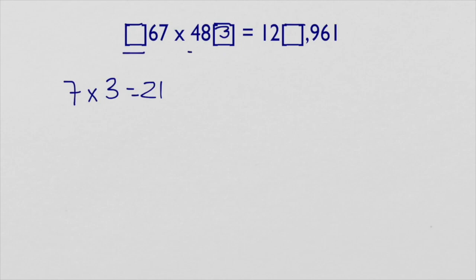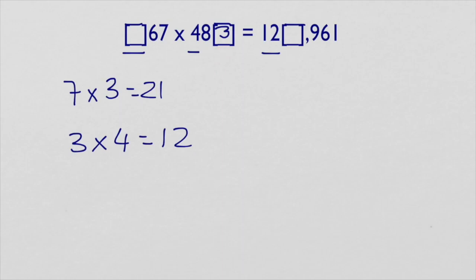Something times 4 is going to give me a number that begins with 12, because the whole number is 120 something. So I need to just think, what times 4 gives me 12? I know that has to be 3. But remember, the answer may not be 3 that goes into the box here, because of everything that comes afterwards, the tens and the units.